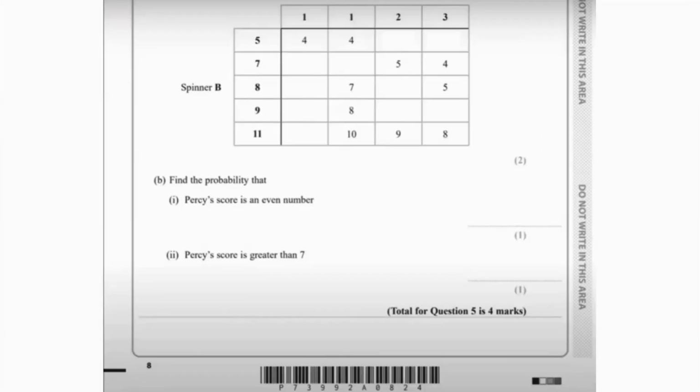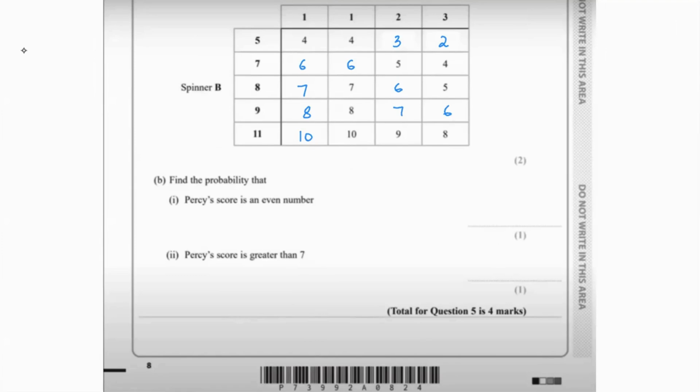It says find the probability that Percy's score is an even number. So let's rewrite the scores over here. This was 3, 2, 6, 6, 7, 6, 8, 7, and 6, and 10.